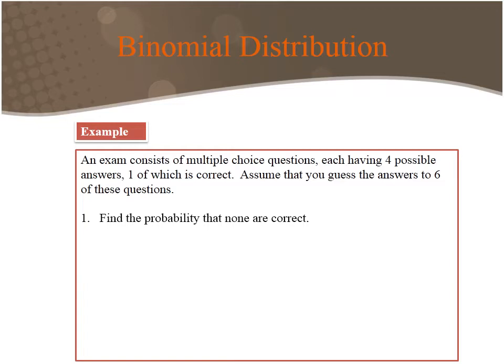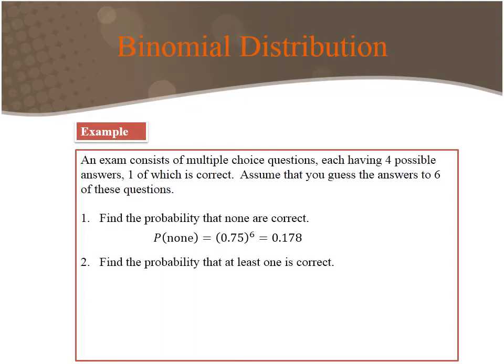So the probability that something is not correct, if you imagine there are 4 possible answers and only one is correct, is 3/4, or 0.75. So the probability that we'd answer none of them correctly is 0.75 times 0.75 times 0.75 times 0.75 times 0.75 times 0.75, or in other words, 0.75 to the 6th power, which comes out to be 0.178.